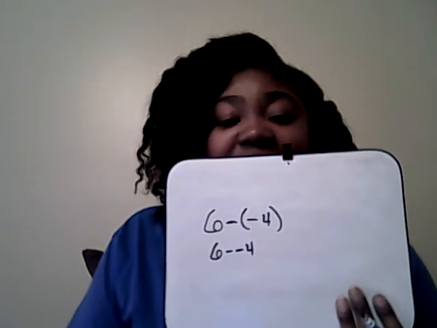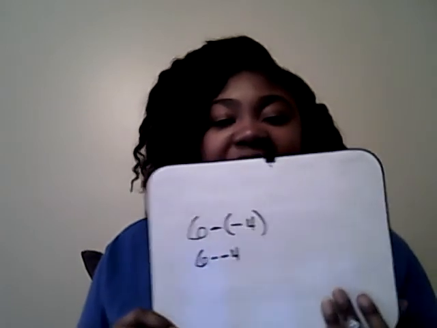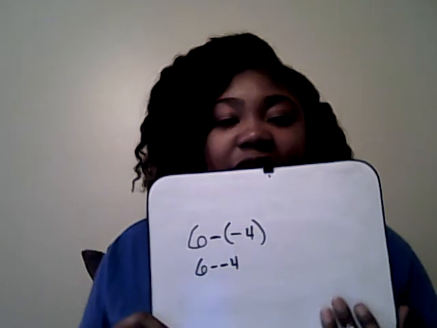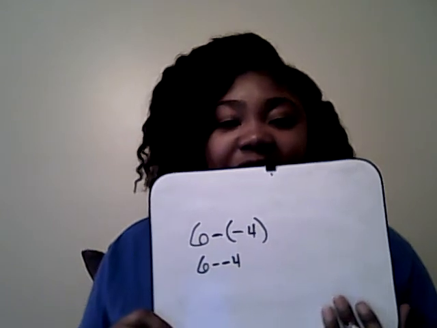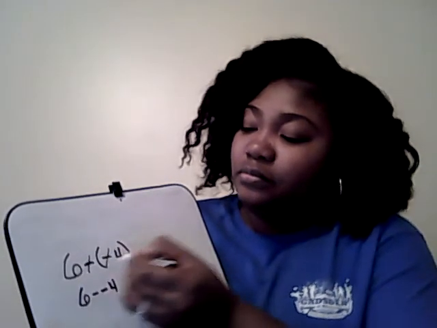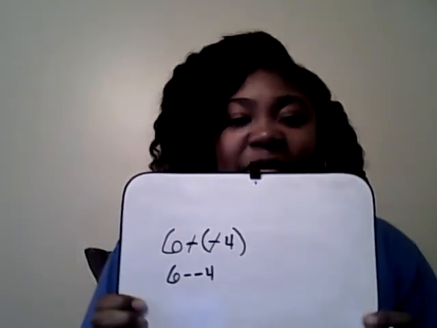So two negatives set up like that, they have to cancel out. Negative and negative cancel out when it's like that. And when I say cancel out, it becomes positive.